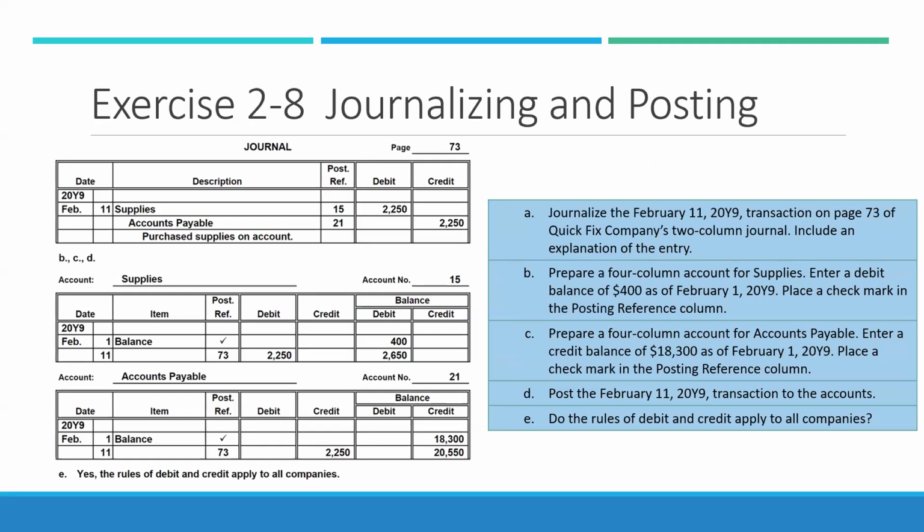They gave us the beginning balance of supplies at 400, right? So we have the date, item, debit, credit, and then our balance. The balance started at 400, and we add 2,250. For accounts payable, it started at 18,300, and then they now owe another 2,250, so the balance is going to increase.